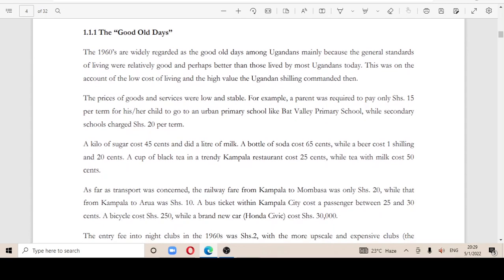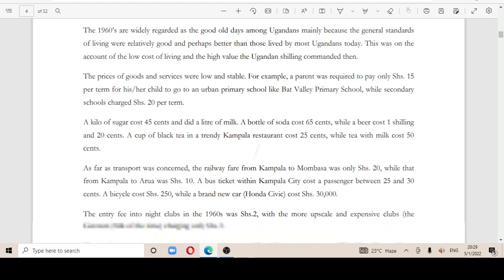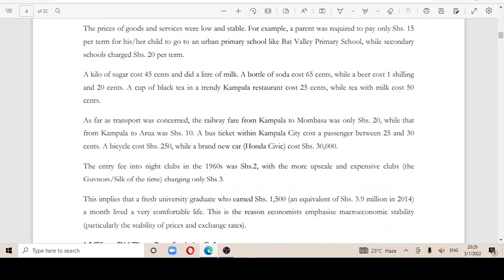This was so because the general standards of living were relatively good and perhaps better than those lived by most Ugandans today. This was on account of the low cost of living and the high value the Ugandan shilling commanded then. By then the Ugandan shilling had a lot of value, so the prices of goods and services were low and stable.